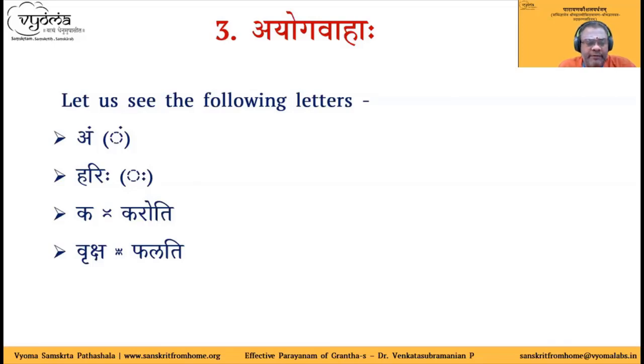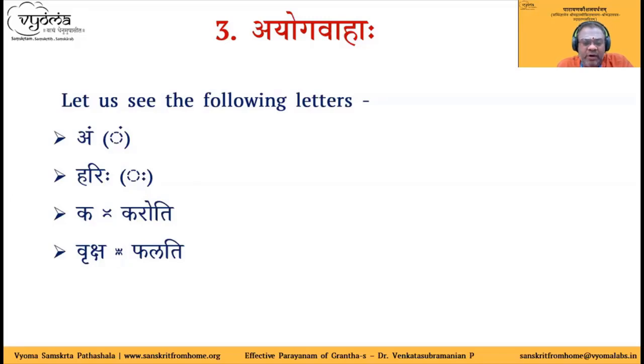Two dots by the side of the letter is called Visarga. You have examples like Kah Karoti, Vriksha Phalati. When you have Visarga in front of Ka, or Visarga in front of Pa, it is pronounced as half Visarga. These have different names, and all these four put together are called Ayoga Vahaha.